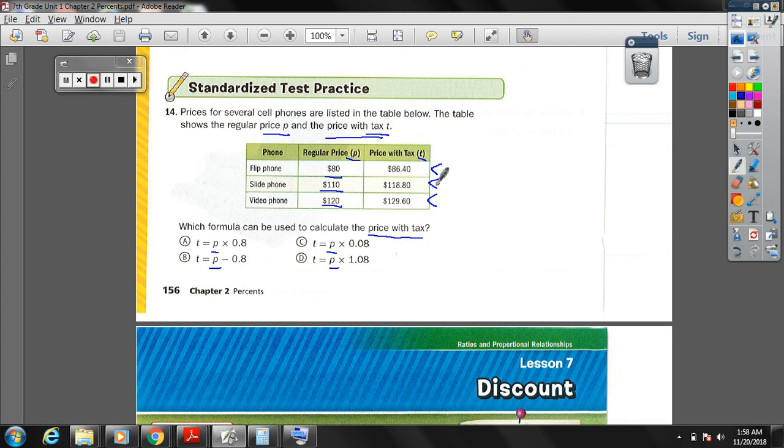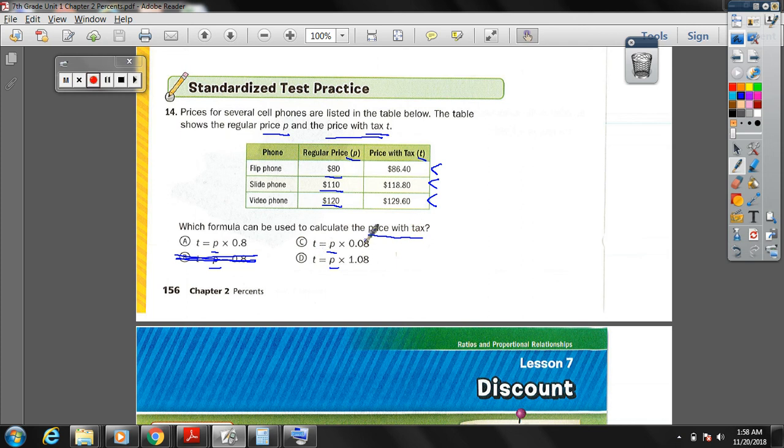Well, if we look at these, the subtraction one is not possible. We can get rid of this one. If we test out these other ones, where we're multiplying by a small decimal, so 80 times 8/10 will get us a smaller value, and it will not work.